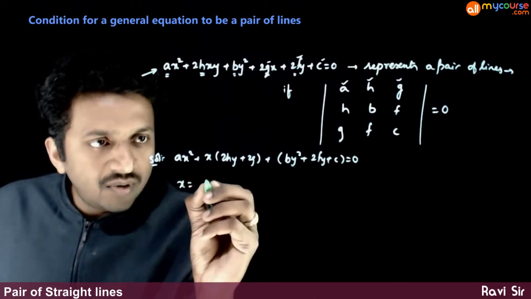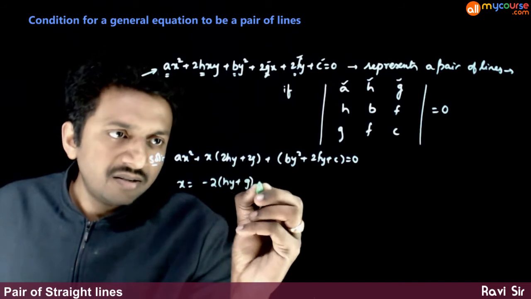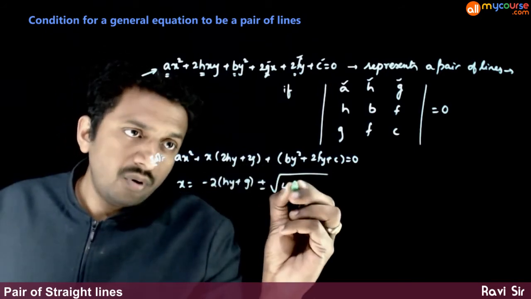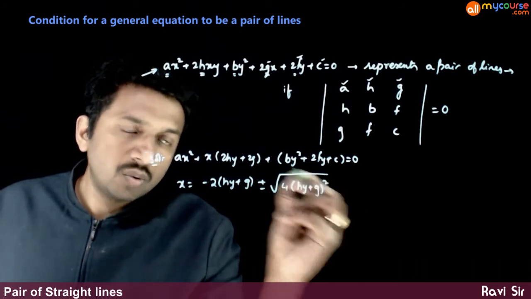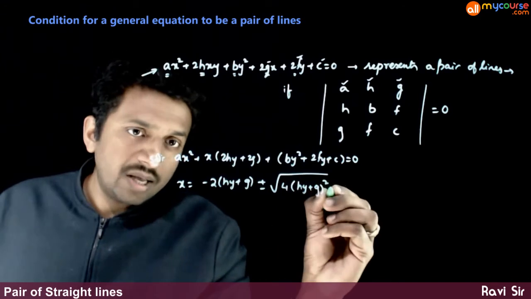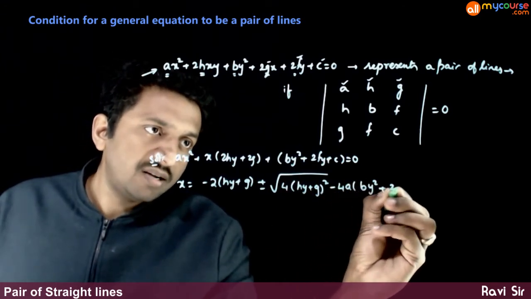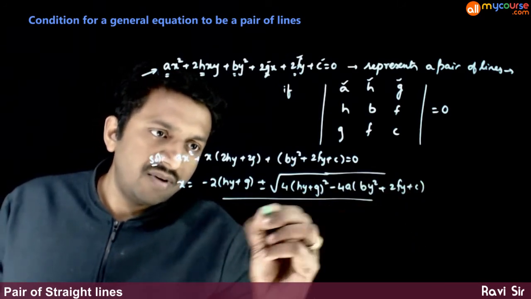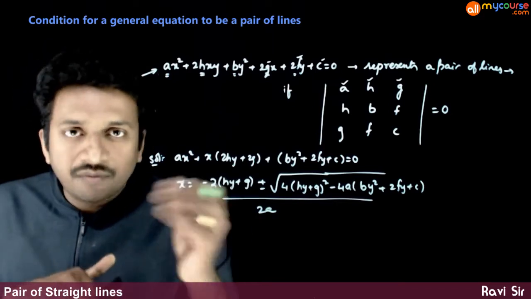So x is equal to minus (2 times (hy plus g)) plus minus root of 4 times (hy plus g) whole square minus 4a times (by square plus 2fy plus c), divided by 2a. So this is the value of x.